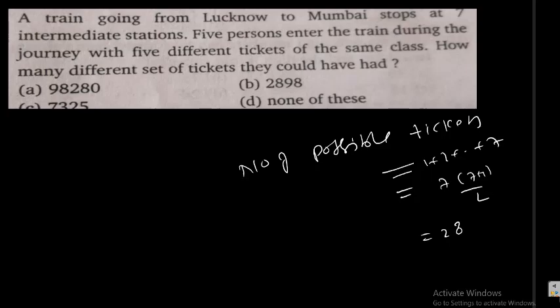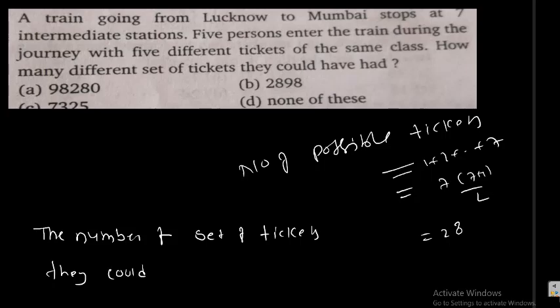Okay, the number of set of tickets they could have had equal to 28C5.